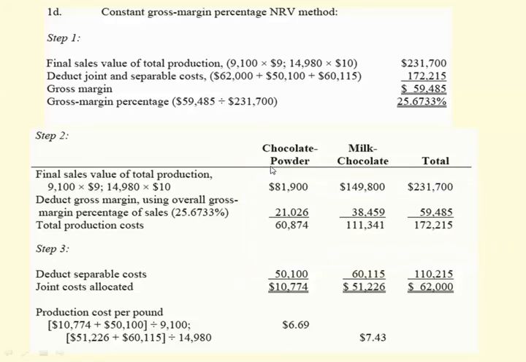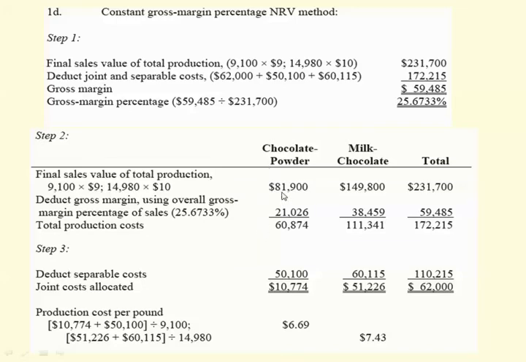So if we deduct gross margin from sales value, it will result in total production costs. Then, if we deduct separable costs from total production cost, we will get the joint costs allocated to the first product.